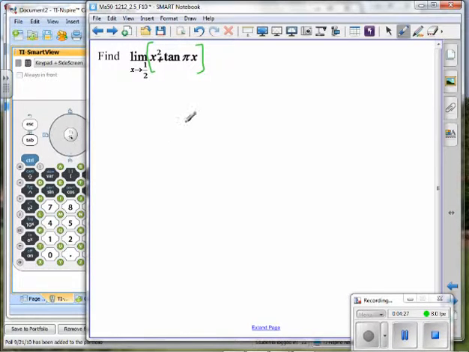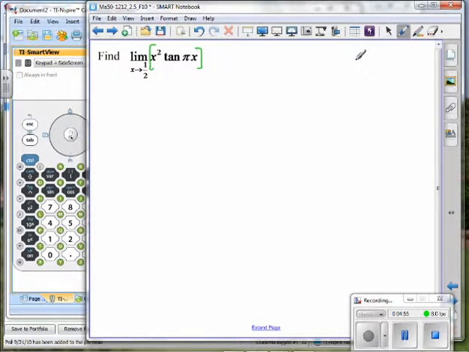That's one of those things that comes up all the time. I see students always doing it, and they mean to do this, but what they're really saying is, you've got this problem right here. You find the limit of that, and then you add the tangent of pi x. It's not the same thing. Okay, so let's go back. This is our original problem, and this is our function that we're talking about.